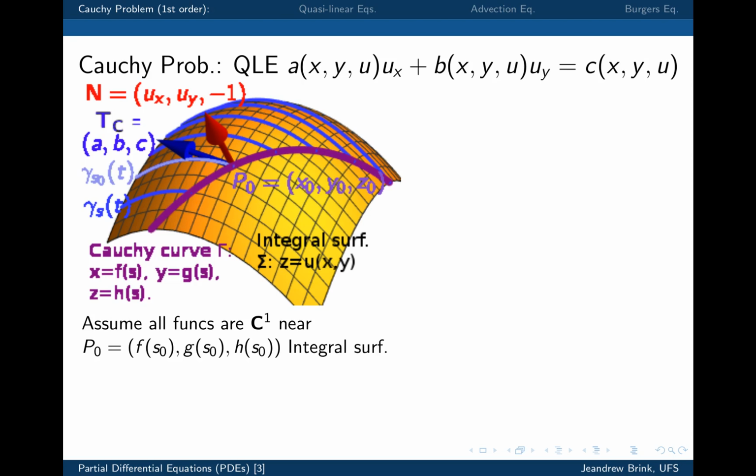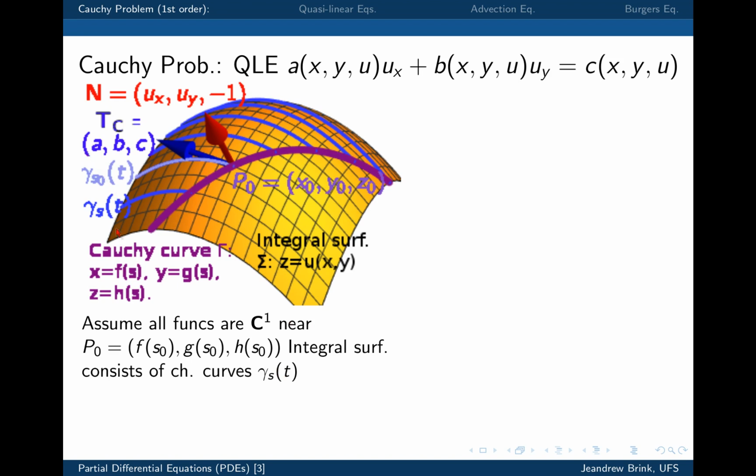We're going to assume that P0 is this point over here, the point that we're focusing on. It has coordinates, and because these coordinates lie on the Cauchy curve, you can also indicate those coordinates as that, where I've simply used the fact that we have this Cauchy curve evaluated at S0. Now the integral surface, which is this yellow surface, consists of all the characteristic curves, which we proved in the last lecture, and here you can see them.